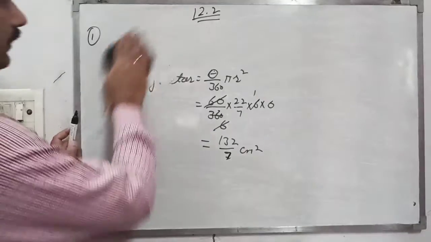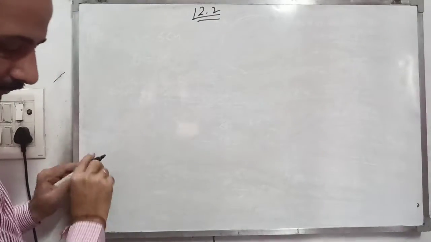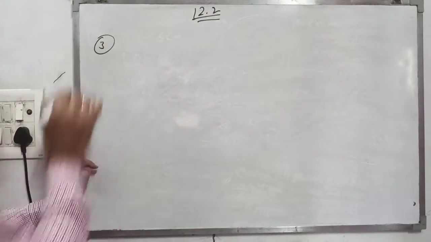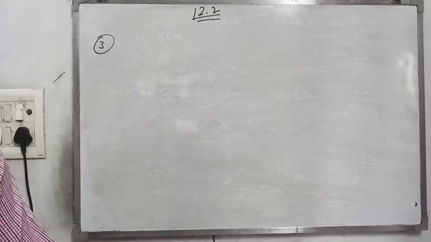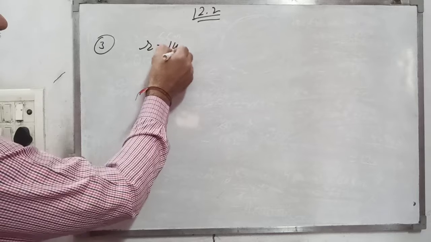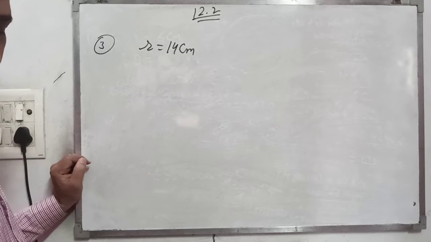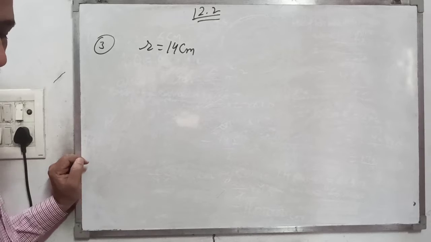Come to the next question, question number 3. The length of the minute hand of a clock is 14 centimeters. The length of the minute hand, 14 centimeters, will become the radius. Find the area swept by the minute hand in 5 minutes.